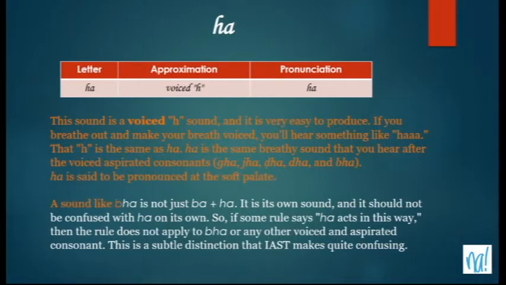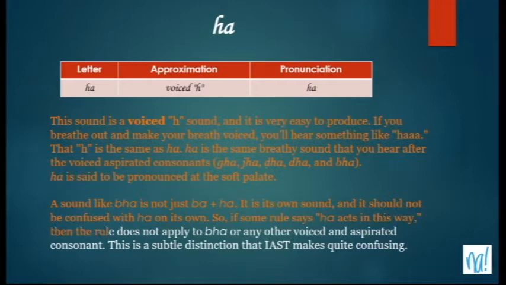A sound like bha is not just ba plus ha. It is its own sound, and it should not be confused with ha on its own. So, if some rule says ha acts in this way, then the rule does not apply to bha or any other voiced and aspirated consonant. This is a subtle distinction that IAST makes quite confusing.